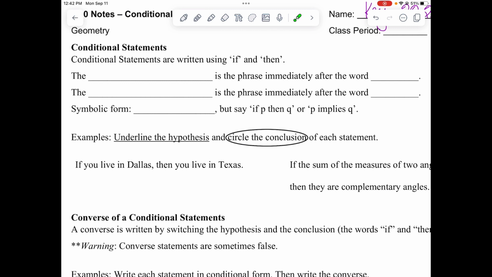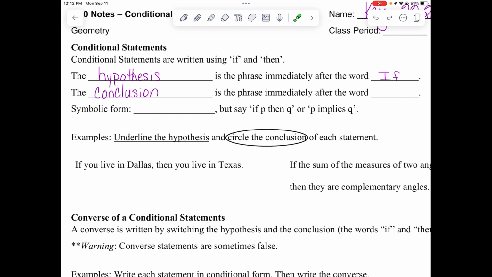Okay, something like that. And we have names for the parts of those conditional statements. The first part is called the hypothesis. It's the phrase that comes immediately after the word if. So if it is raining outside, that's the hypothesis. Then it's going to say then, and tell you what will happen if it's raining outside.